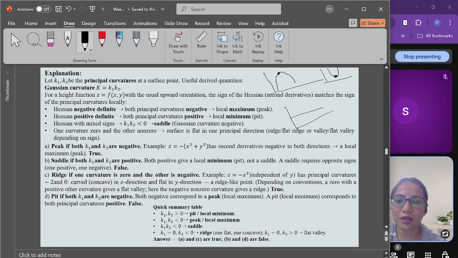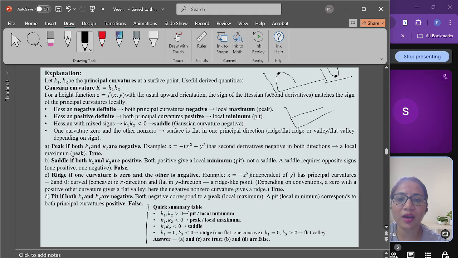Option D is pit if both K1 and K2 are negative. If both are negative, as we have already seen in the generalized form, you will get a local maxima, a peak, not a pit. Here is the summary.